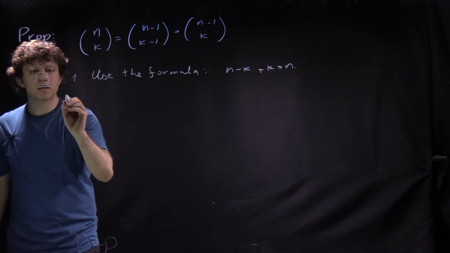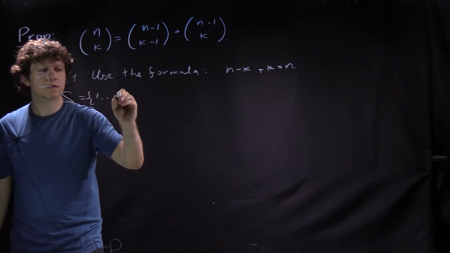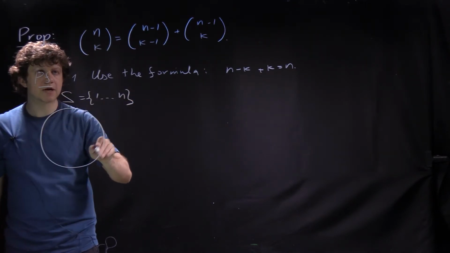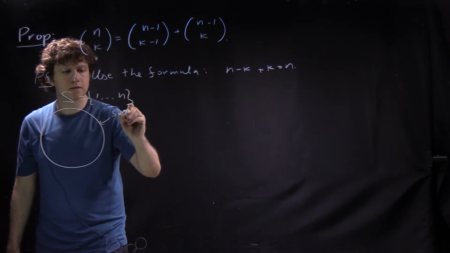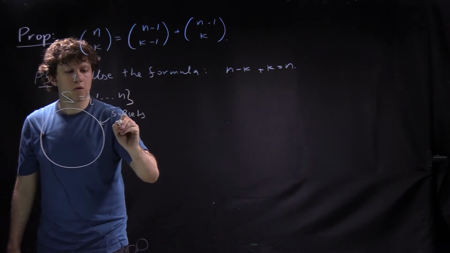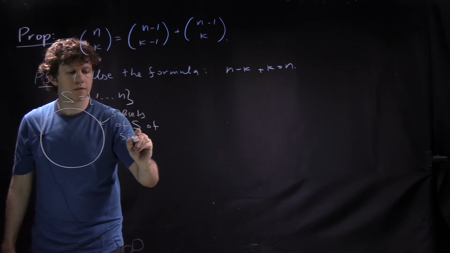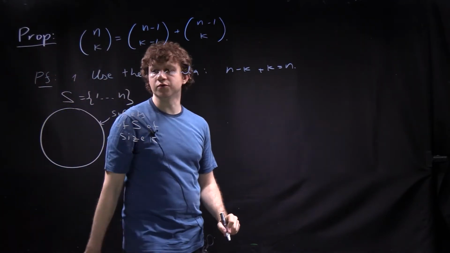So consider we have this set S of size n. And then we have the set of its subsets of S of size k. So this is the number we want to compute.